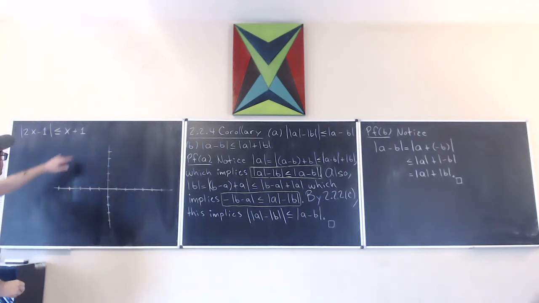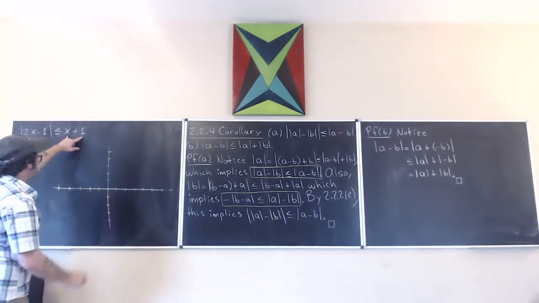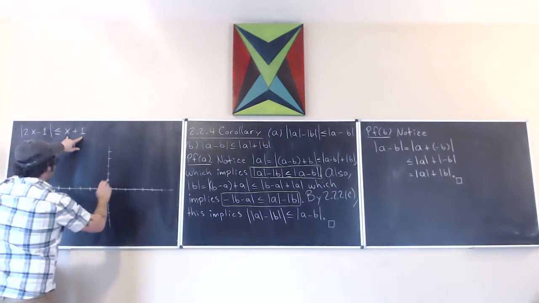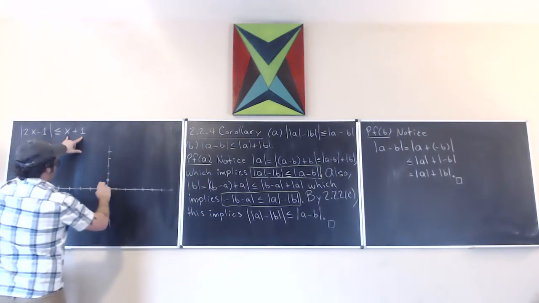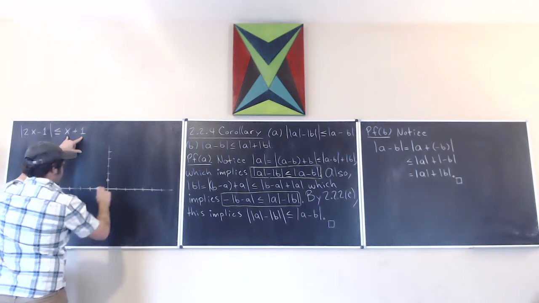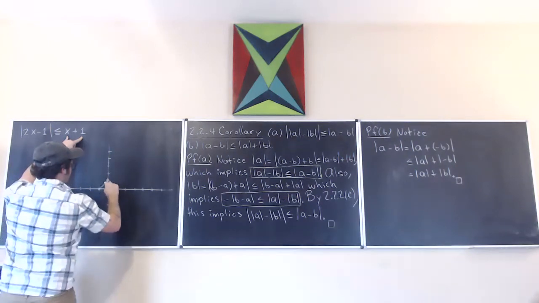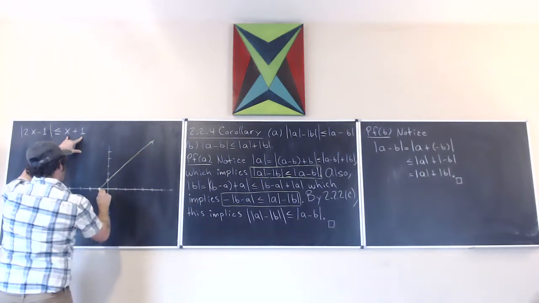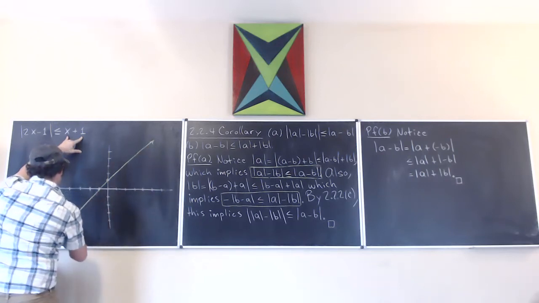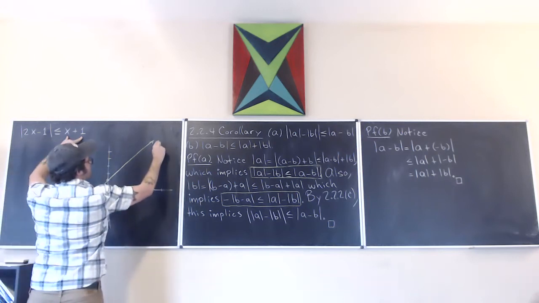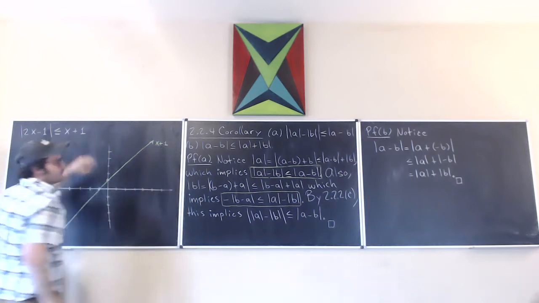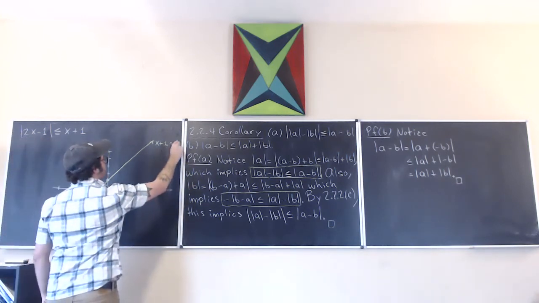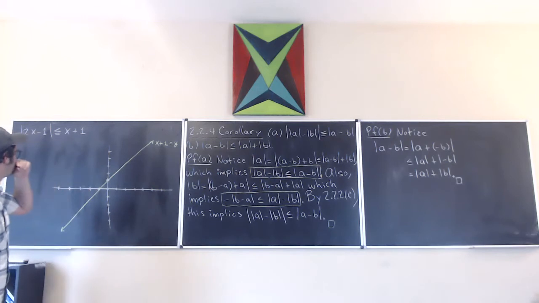Okay, so let's focus on this first. When x is 0, let's take one right there. So this function looks like this, where y is equal to x plus 1. That line there.